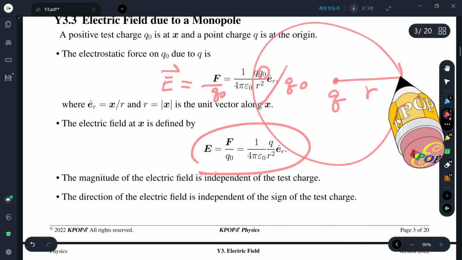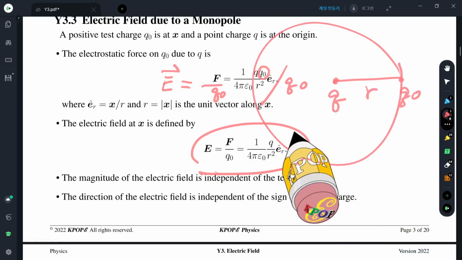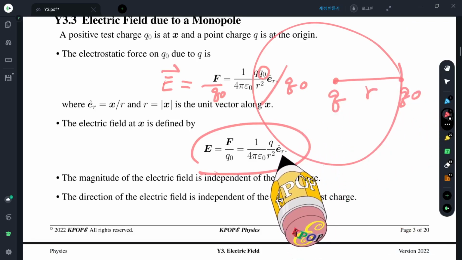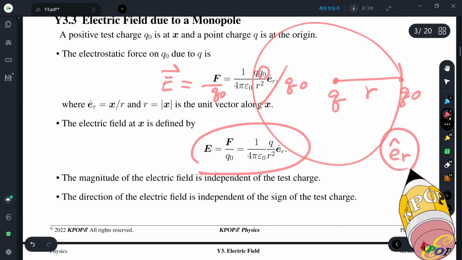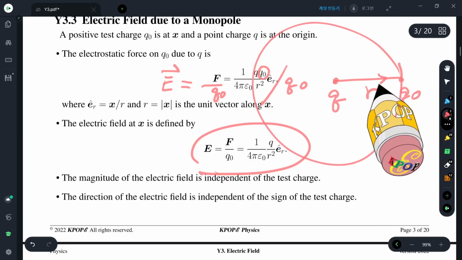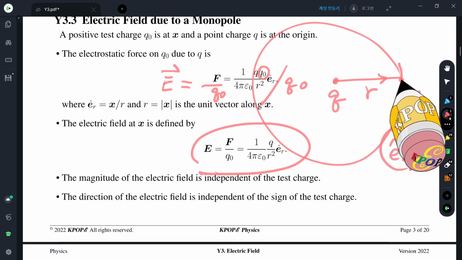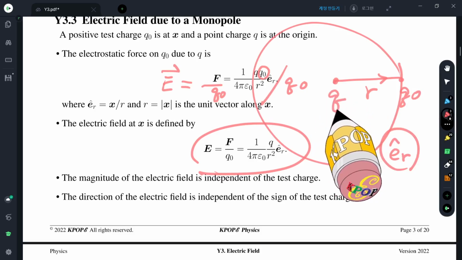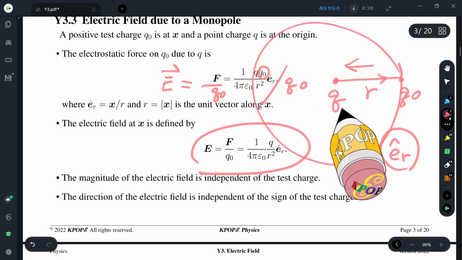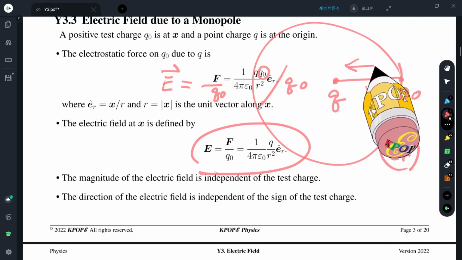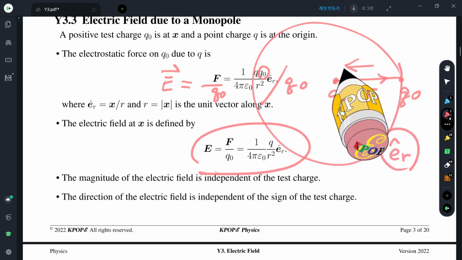The radius of the sphere is r. The r hat is a unit vector along this direction. Therefore, the electric field radiates if the source charge Q is positive. If Q is negative, the direction will be flipped.